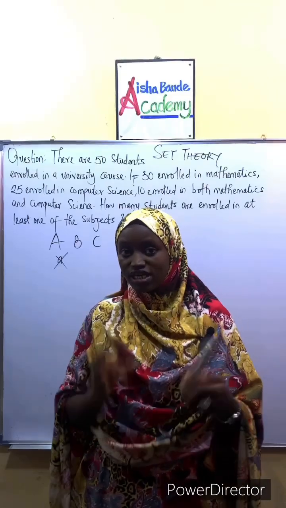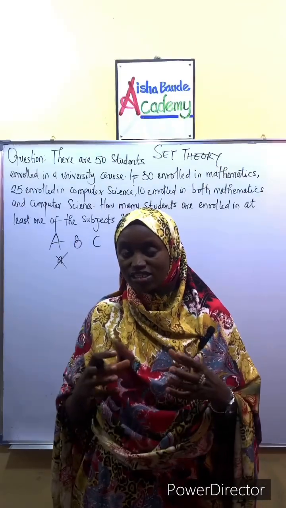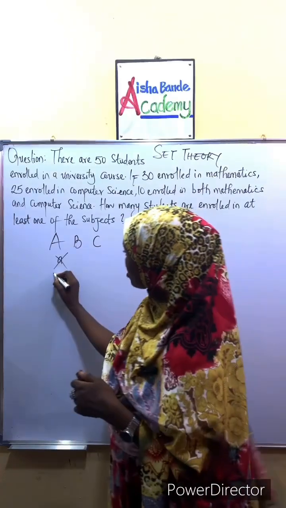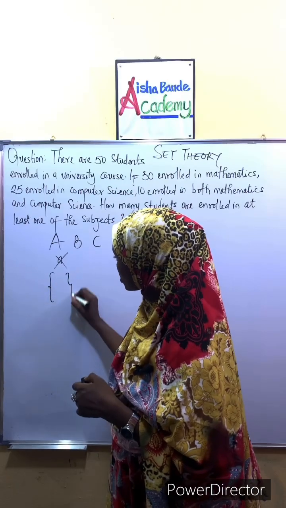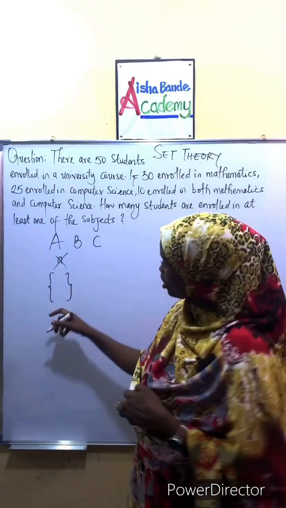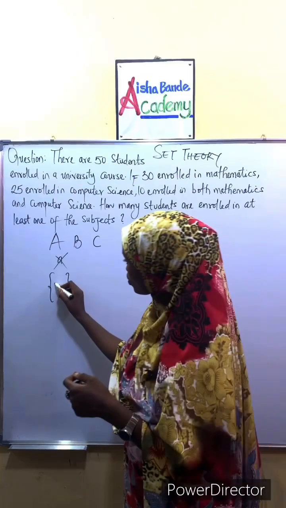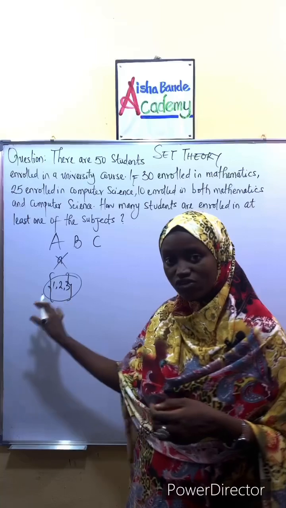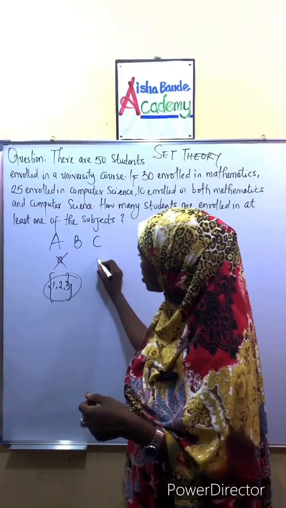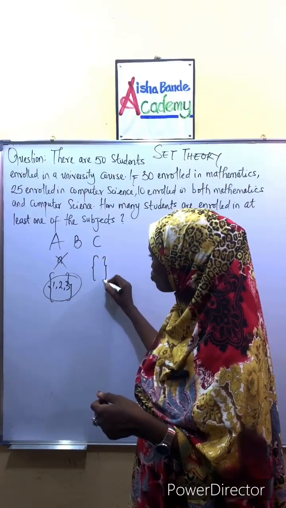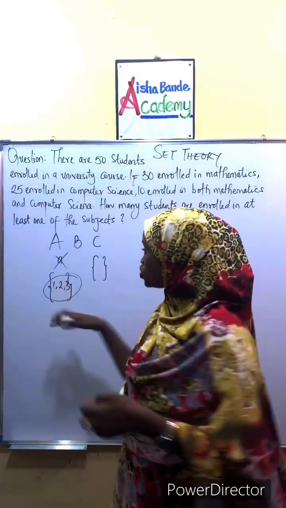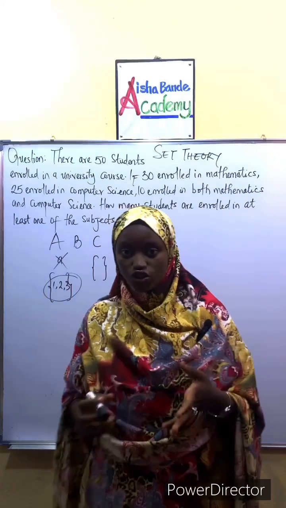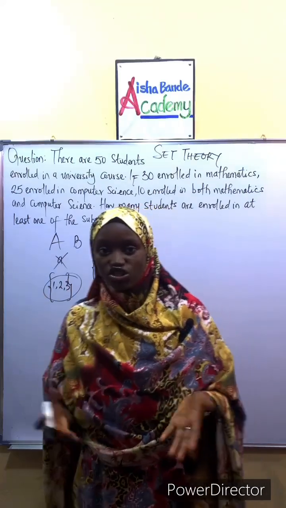Another notation is that the elements of a set are written within curly braces, where we have the elements of a set, let's say one, two, three. These are the important notations we need to know under set theory.